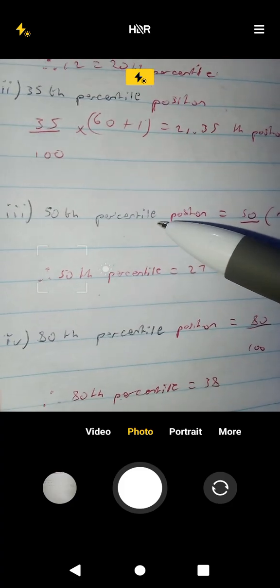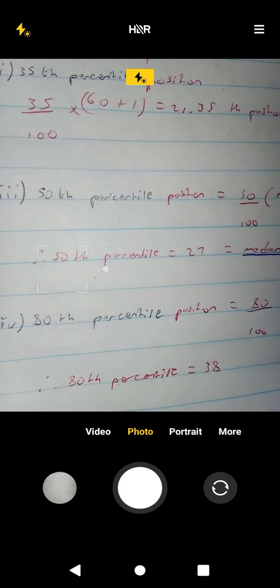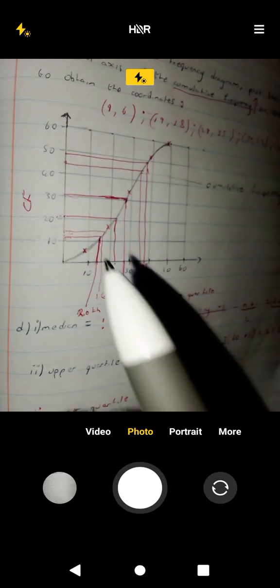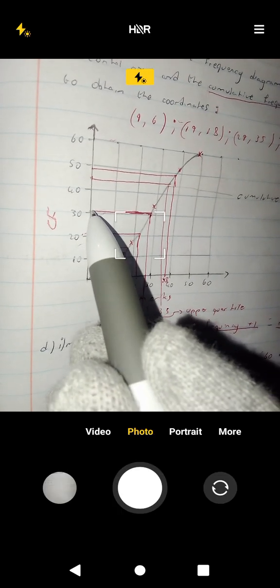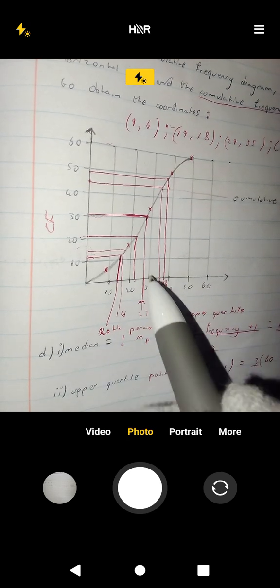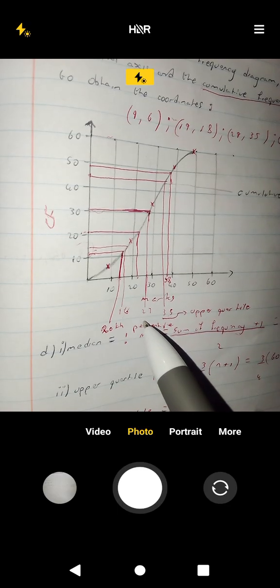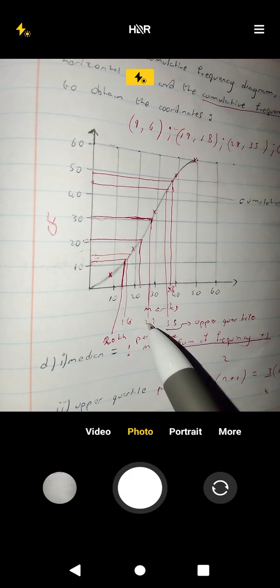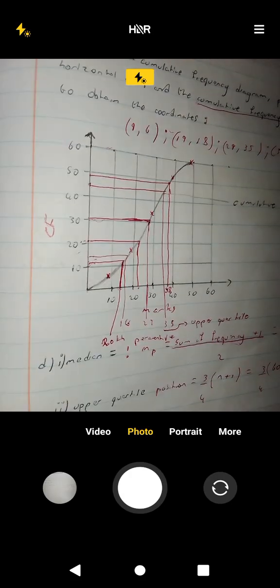To find the 50th percentile, you first find the 50th percentile position, which is 50 over 100 times n plus 1, which evaluates to the 30.5 position. And upon going to this cumulative frequency table, the 30.5 position, remember, it's exactly where we labeled the median. Yeah, this was our median. So actually the 50th percentile is the median.